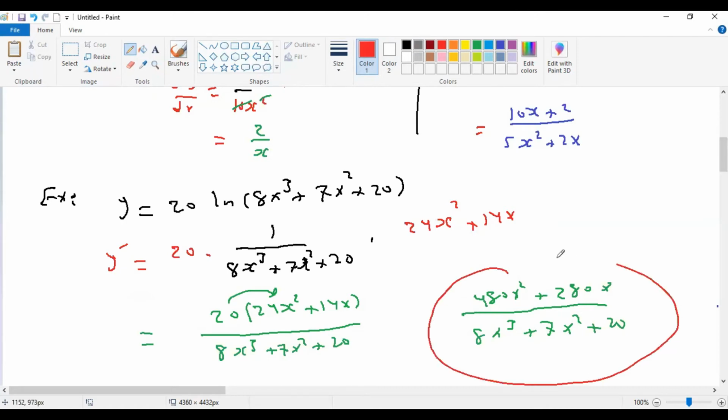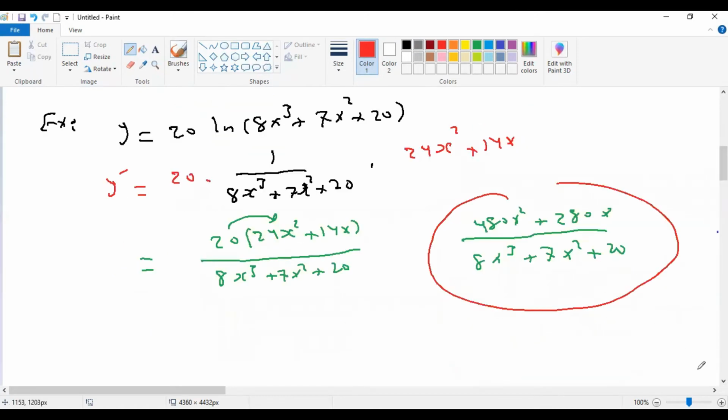We can even take the common factor of the numerator. But the main point here is 20 multiplied by 1 over u. Don't forget to say this is the u, so 1 over 8x cubed plus 7x squared plus 20 times the derivative. What is the derivative of 8x cubed? 24x squared, plus 14x. So this is the main step, and it is very important.